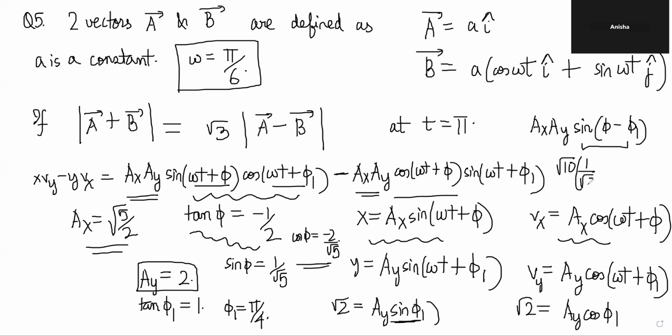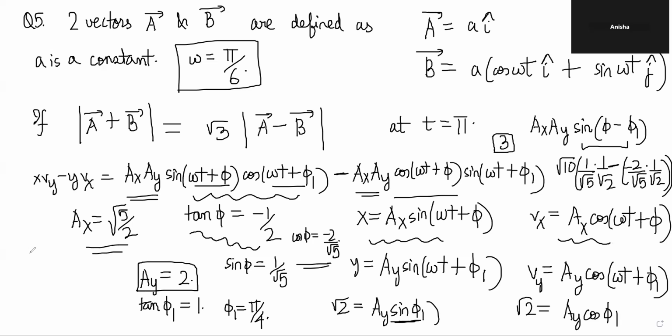So 1 by root 5 times cos phi 1, which is 1 by root 2, minus 2 by root 5 into 1 by root 2, right? So it will be 2 plus 1, 3 by root 10, so 3. Yes, sir.